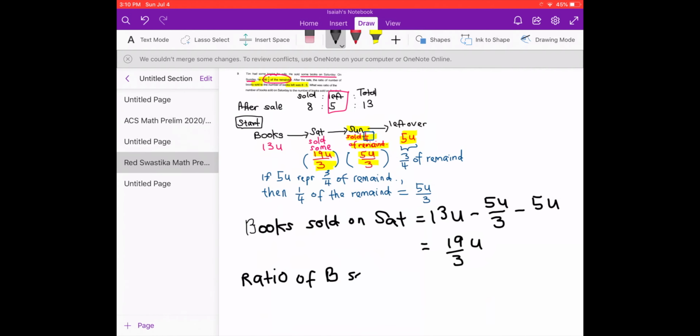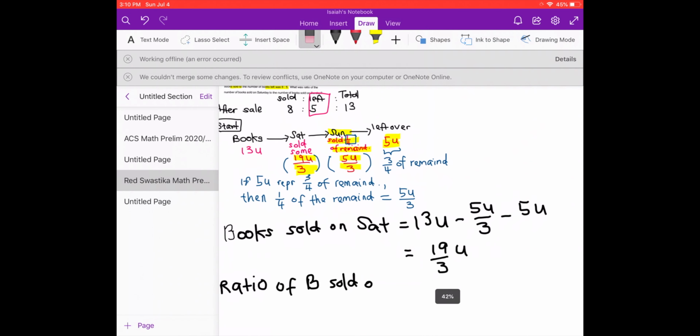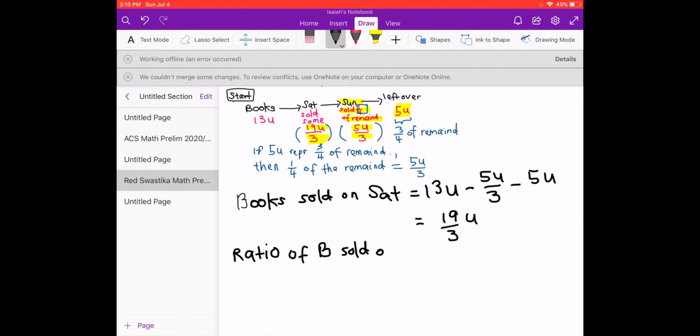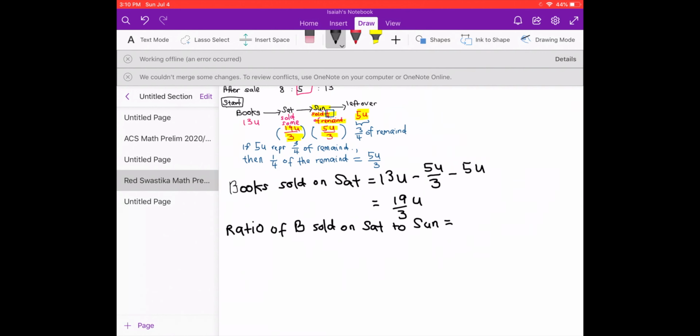So the ratio of books sold on Saturday to Sunday will be, if you look at the top, those two numbers I've highlighted. Saturday is 19u over 3 is to 5u over 3.